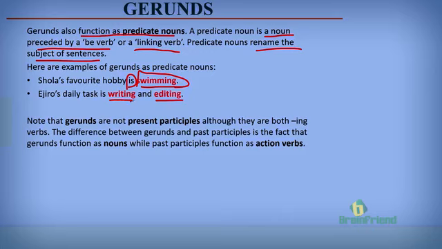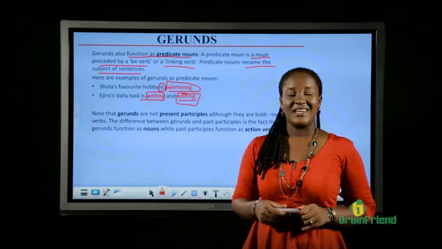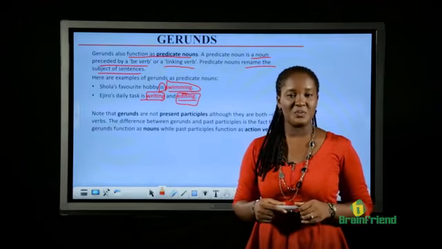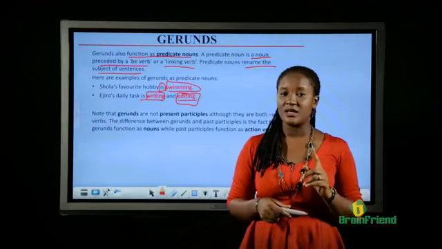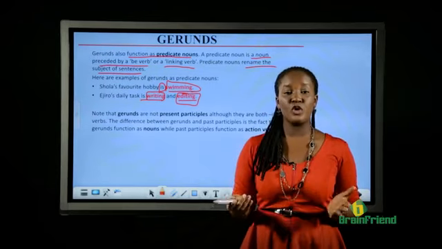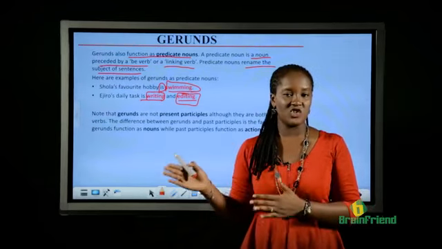Writing and editing are both gerunds, but here they function as predicate nouns because they occur after the be verb is. Now note that gerunds and present participles are not the same, although they end in ing.